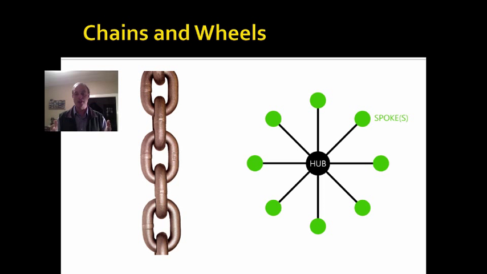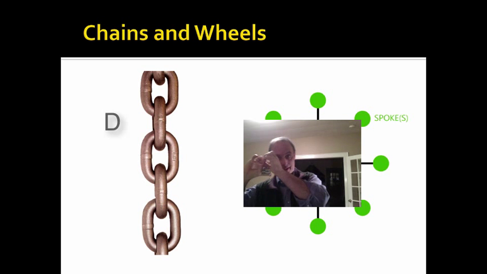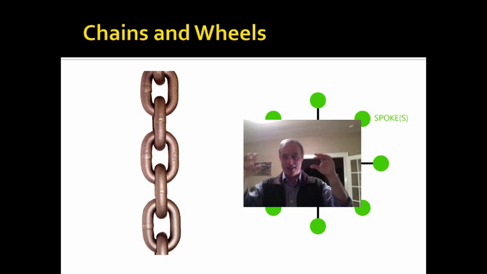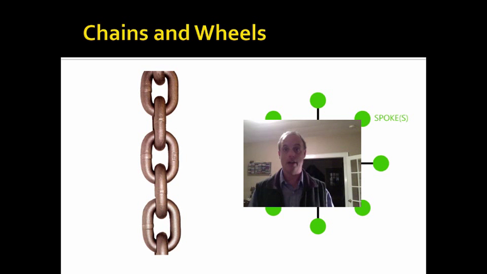We answer this question by talking about chains on one hand or hub and spoke wheel arrangements on the other hand. Let's talk first about chains. Imagine that A conspires with B conspires with C conspires with D. They're all working together. Maybe it's a distribution chain for distributing an illegal product or service, prostitution, drugs.